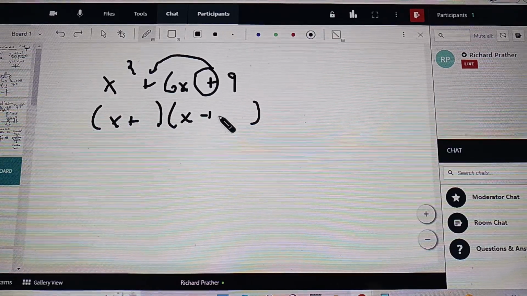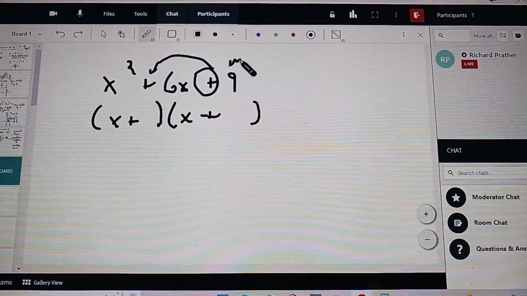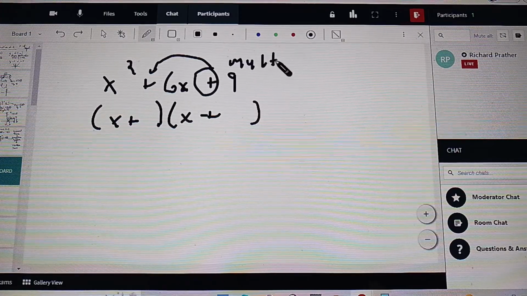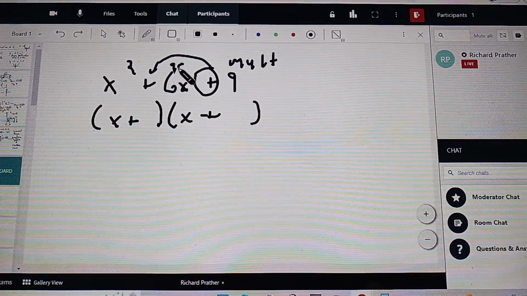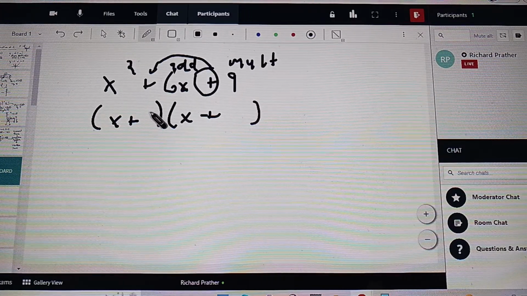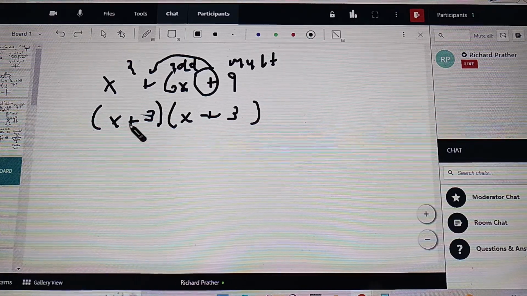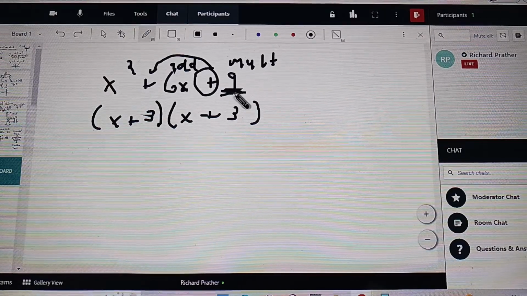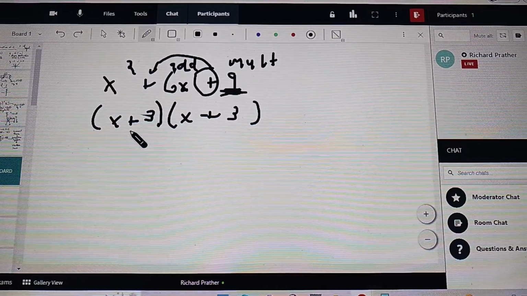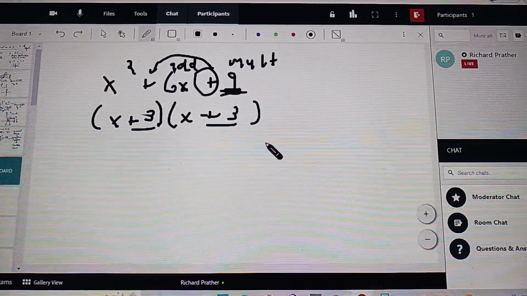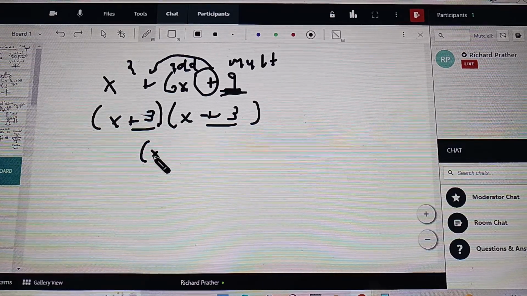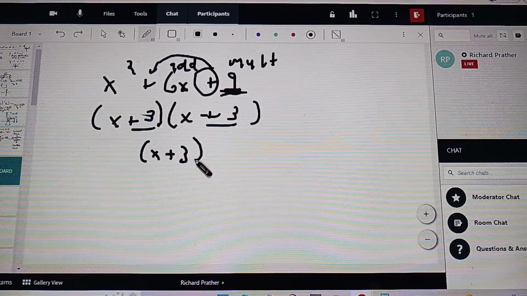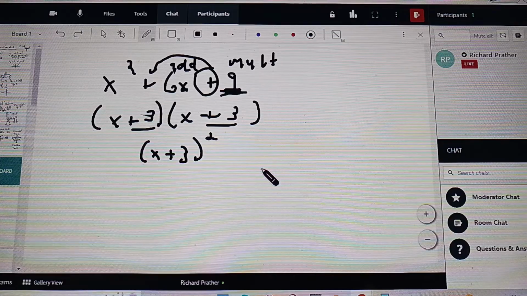We need 2 numbers that multiply to 9 and add up to 6. And coincidentally, maybe not coincidentally, they're both 3. That's the whole point of this, is we want the same factor times itself. 9 is the only number you can put here so that not only does it factor, but you get exactly the same factor twice. So that's why you can write it once with a square. And that's why it's called completing the square.